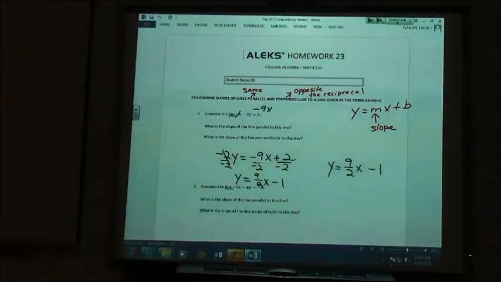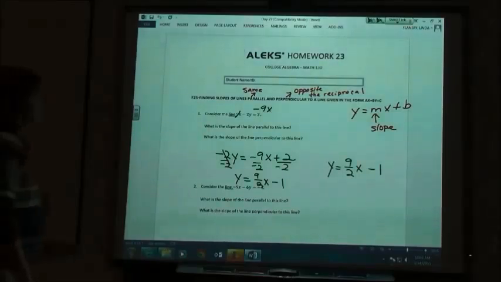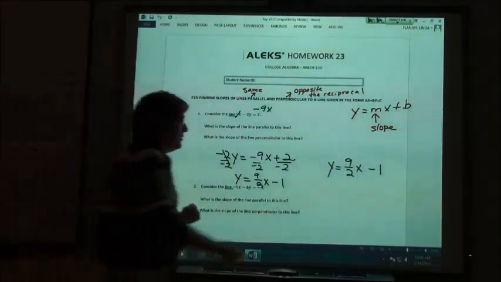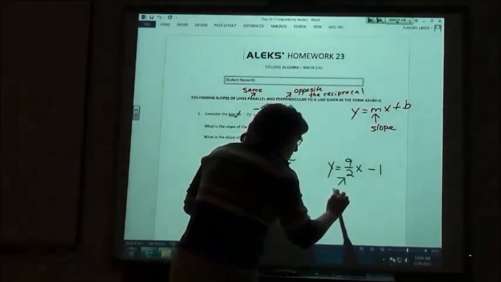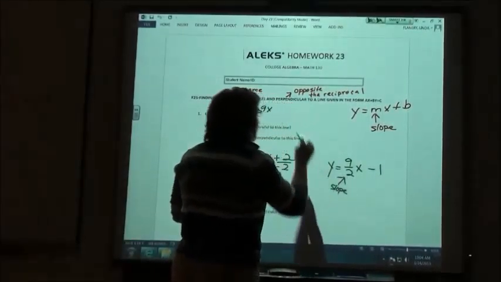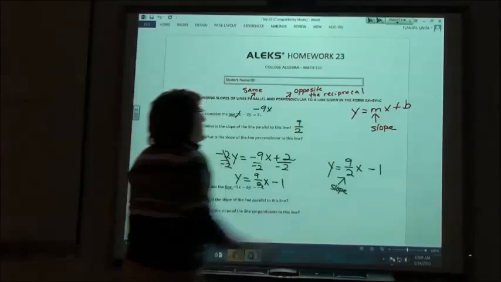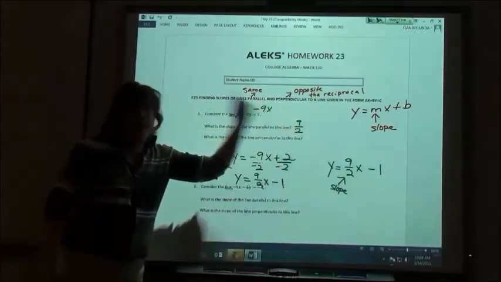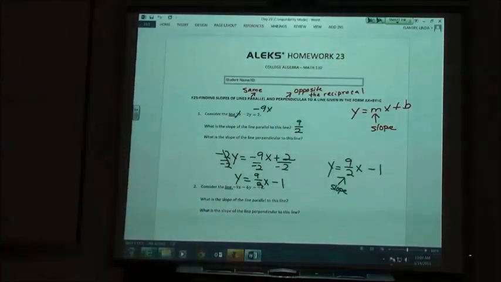So for the parallel line, the slope is going to be the same as the slope of that line. So the slope of that line is 9 over 2. Yep, 9/2. So parallel one, same thing as whatever I solved it and got. Perpendicular is going to have the opposite sign and be the reciprocal.